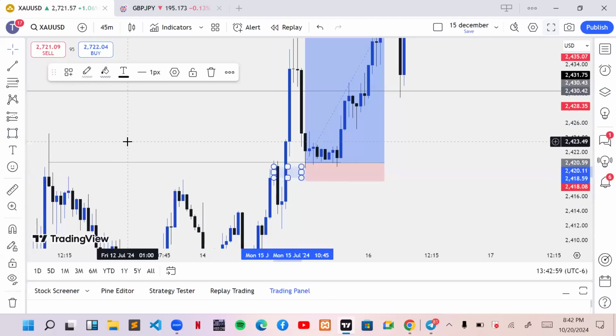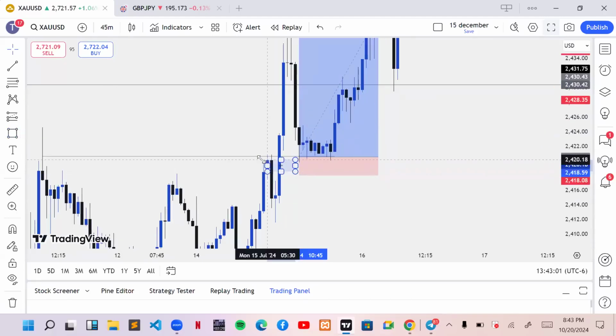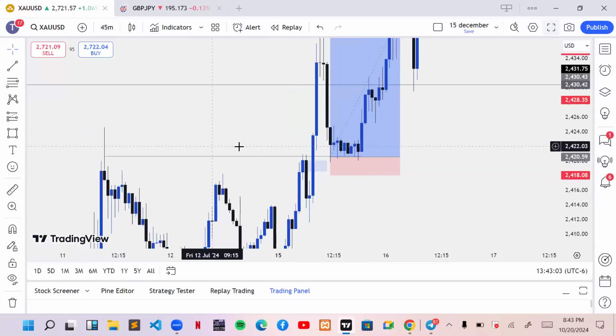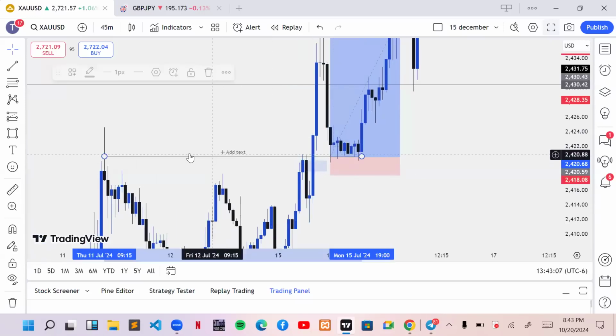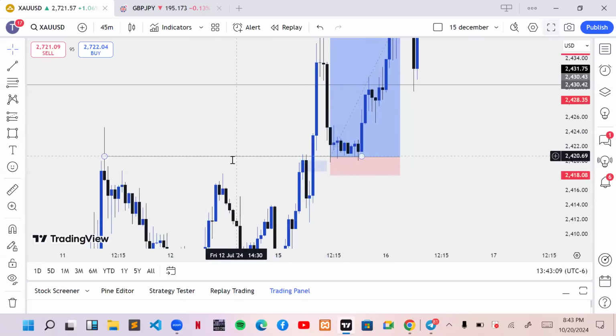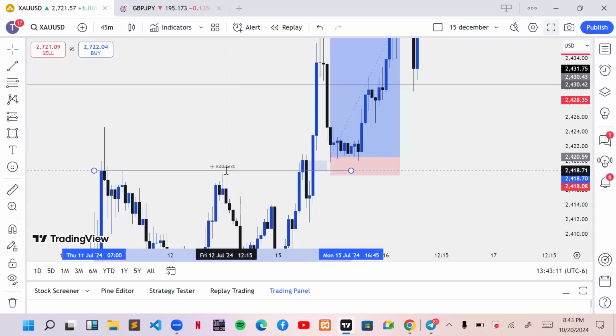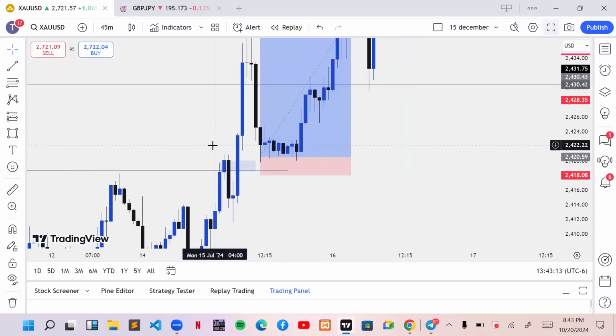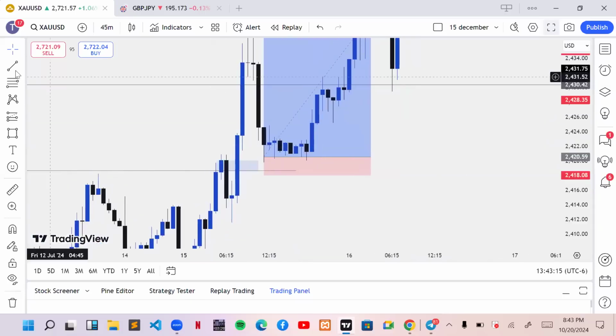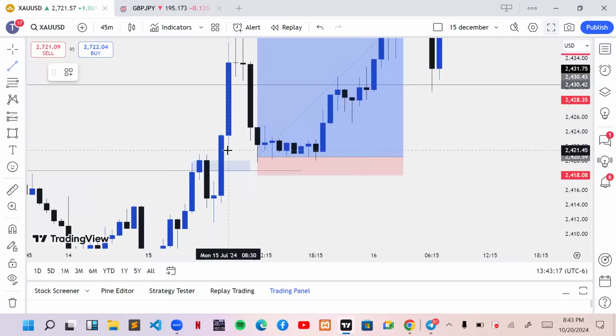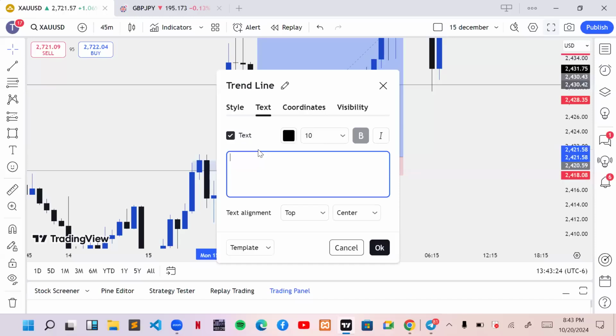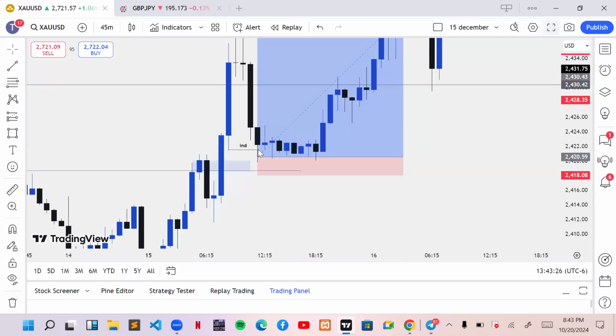Then there was a break of structure, the market breaking past a resistance level here. After the market broke past this resistance level, it made an inducement. That's a pullback, which is this wick right here. This wick is the pullback that the market made. This is our inducement right here.